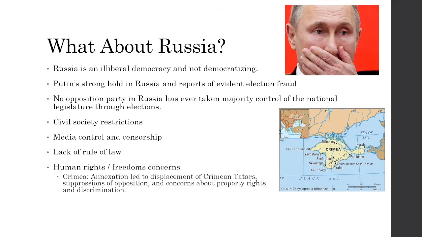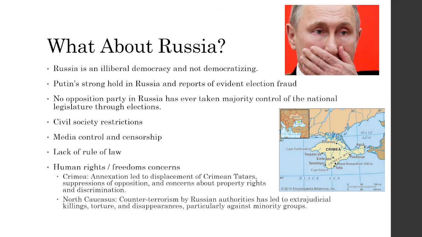So, Crimea, this happened before Ukraine. The annexation has led to the displacement of Crimean Tatars, the suppression of the opposition, and concerns about property rights and discrimination. So, the right to private property, that's a pretty basic human right. And the right to speak out against someone else, like freedom of speech, which is protected by their constitution, quote unquote, in Russia, that not being protected is a big human rights concern.